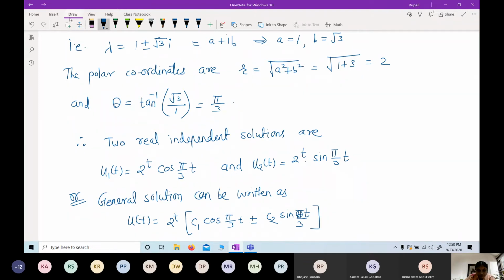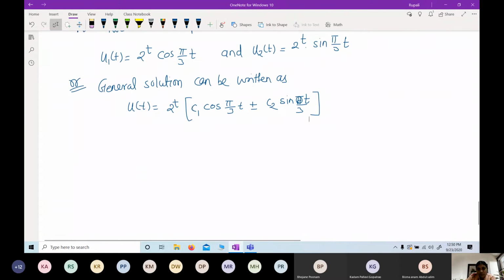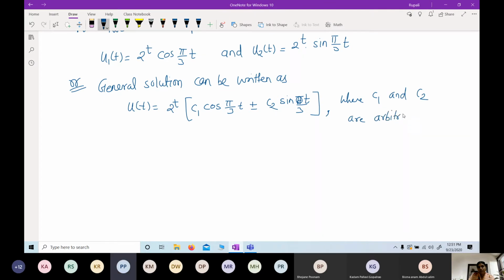Is that okay? The general solution will contain two arbitrary constants, where c1 and c2 are arbitrary constants. Arbitrary i c2, yes, not plus or minus i. i c2 sin pi by 3 t, arbitrary constants. Is that okay?